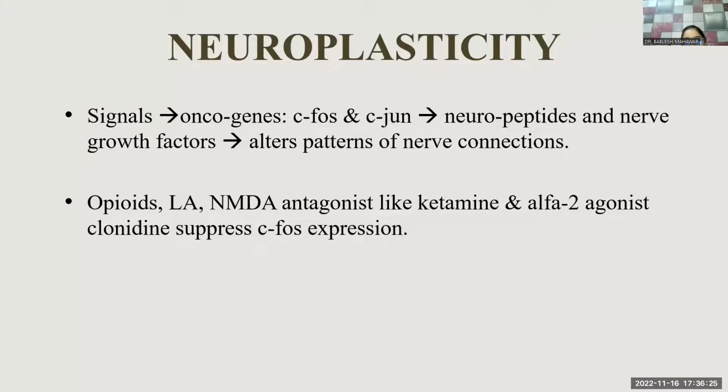Neuroplasticity is a broader umbrella, and under that is the central reorganization which is taking place, and the result of neuroplasticity and central reorganization is central sensitization. The effect of neuroplasticity is central reorganization.